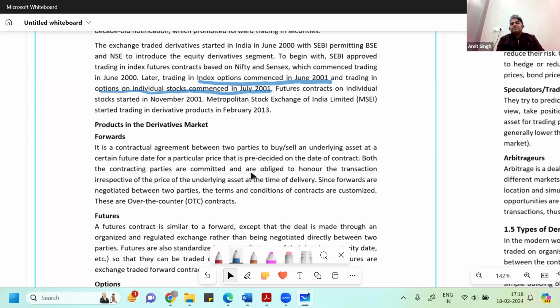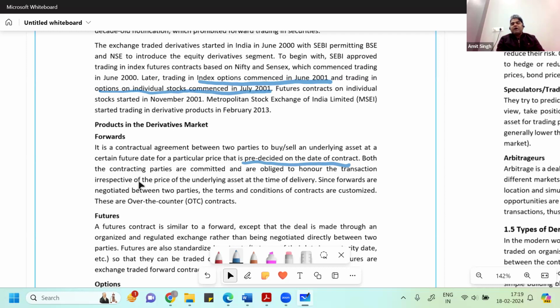As I mentioned in my first video, in a forward contract the long position holder and short position holder agree on the terms of the contract which they will carry out in the future. On the pre-decided conditions, they will follow the contract in the future.